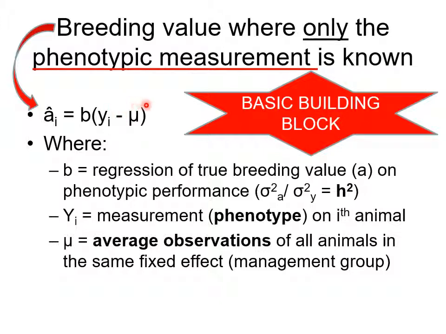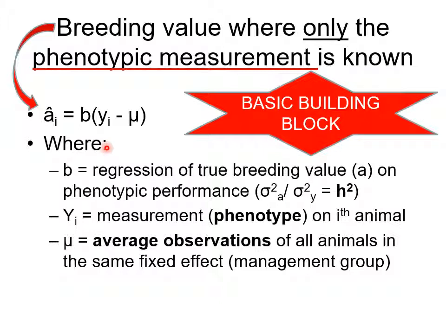Same sex, and some corrections for the age of the animal; age of dam will have an effect, and so forth. So you need to have all calves or all lambs on equal footing when you do this, and each of them will then be compared to this mean or average of the contemporary group.